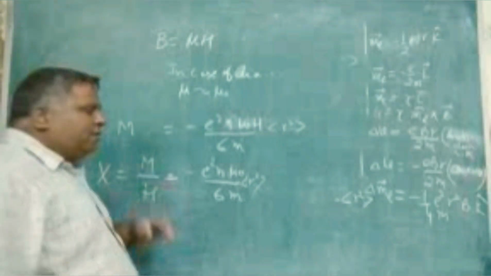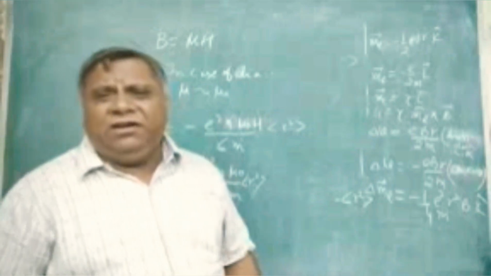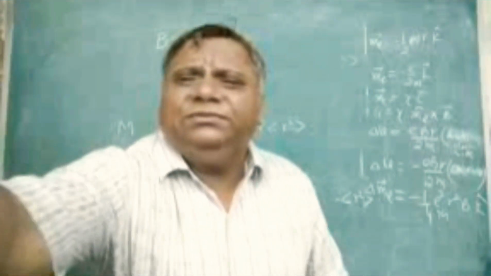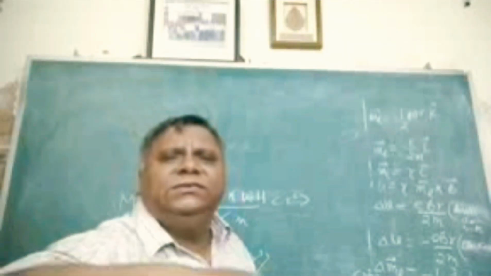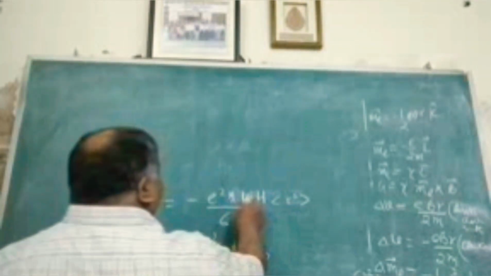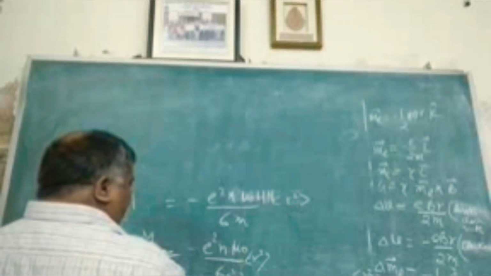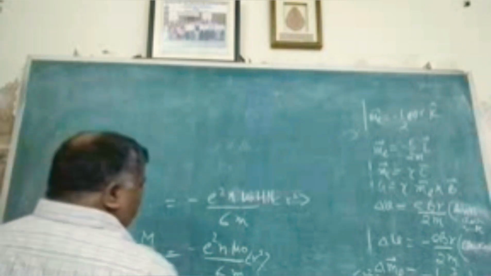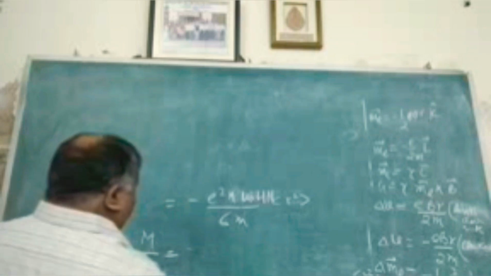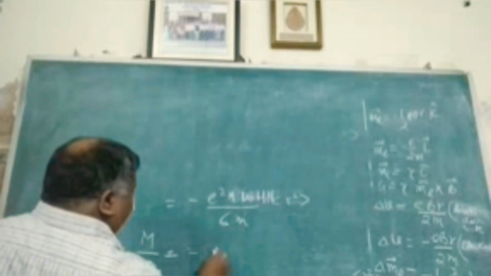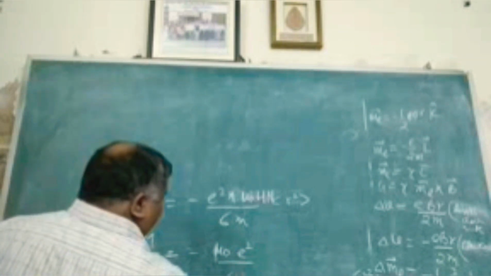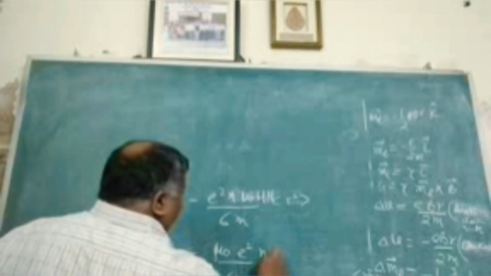This is the final expression which Langevin obtained using the classical approach. Here we have missed n, so let us write n. The final expression will then look like minus mu naught e square Z n R square over 6m.